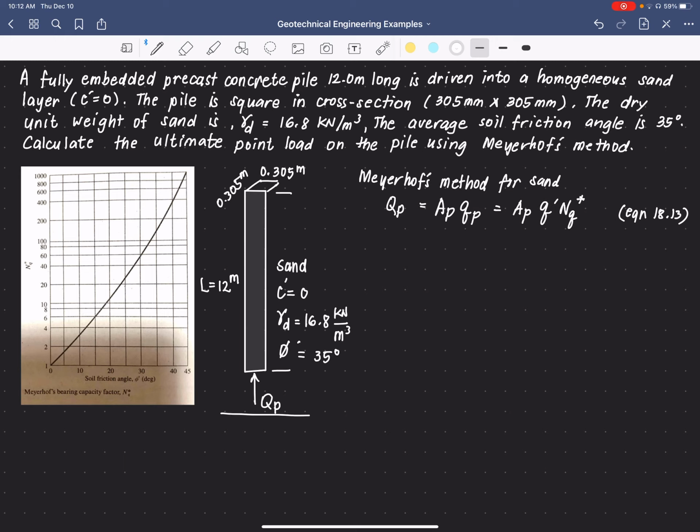Okay, so this formula should be less than a limiting value.